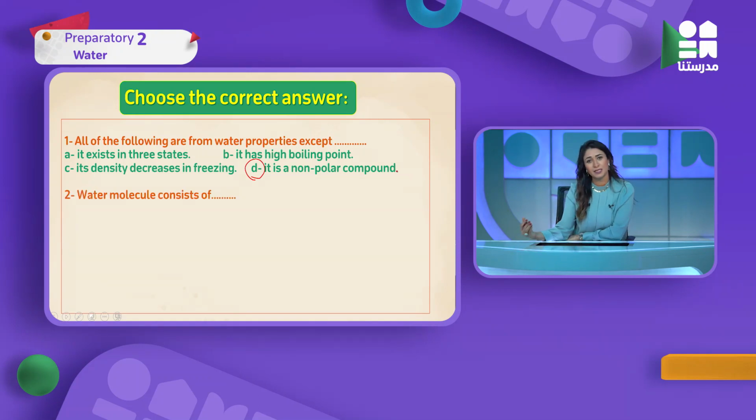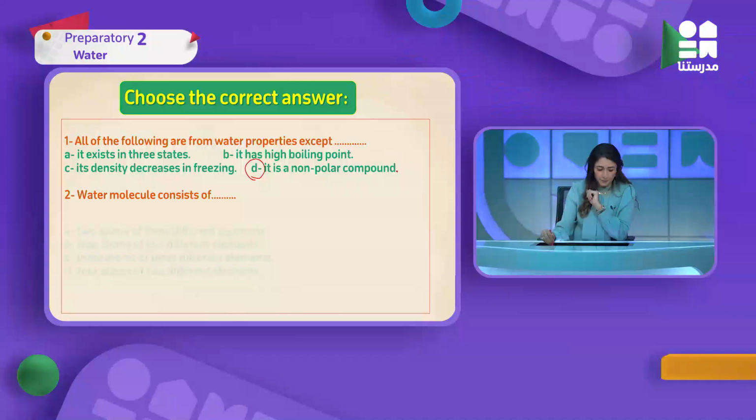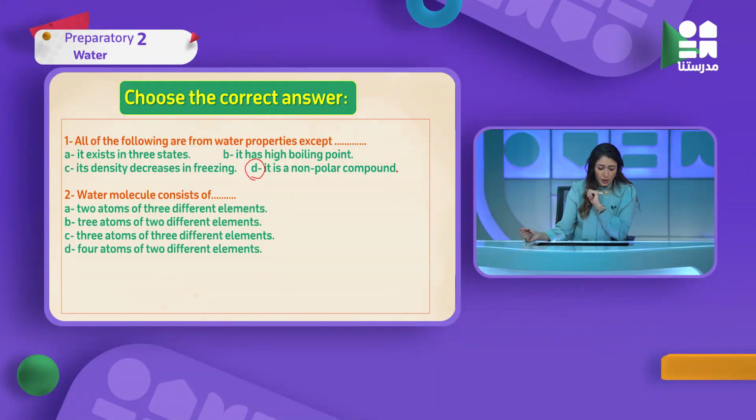Water molecule consists of, before I say the choices, it consists of what? 1 oxygen atom and 2 hydrogen atoms. Let's see the choices together: 2 atoms of 3 different elements, 3 atoms of 2 different elements, 3 atoms of 3 different elements, 4 atoms of 2 different elements.